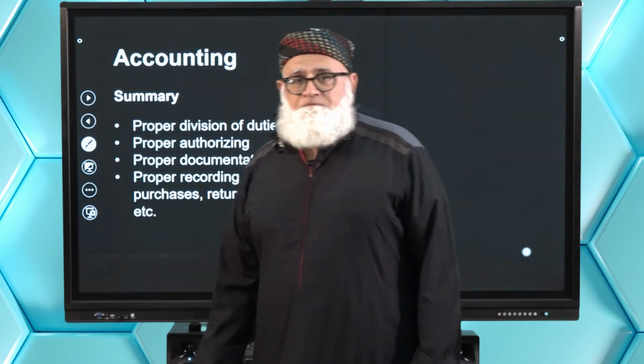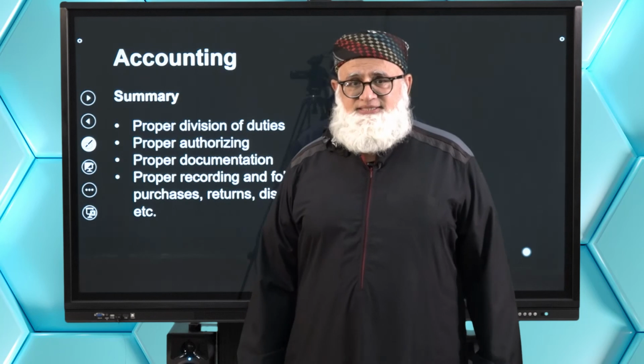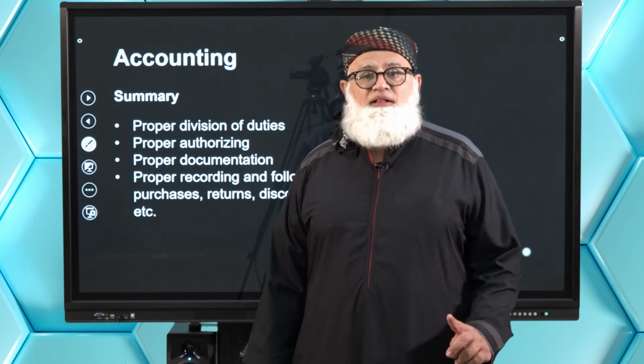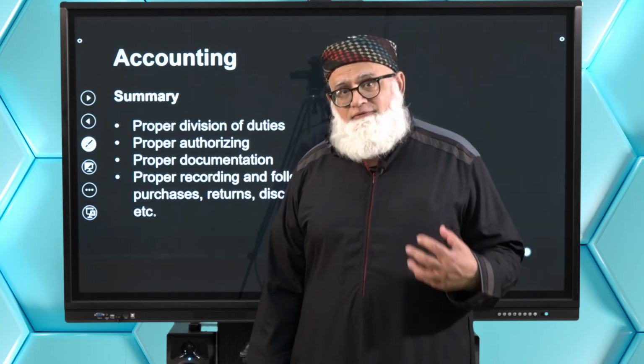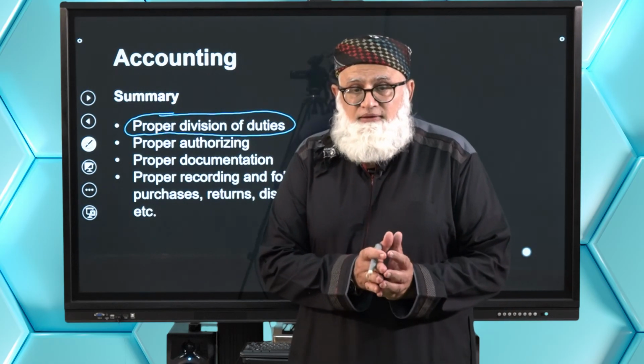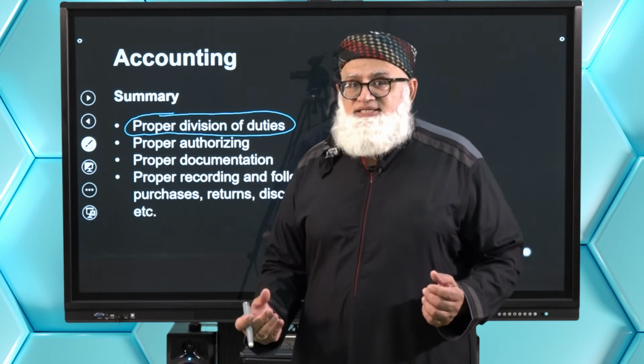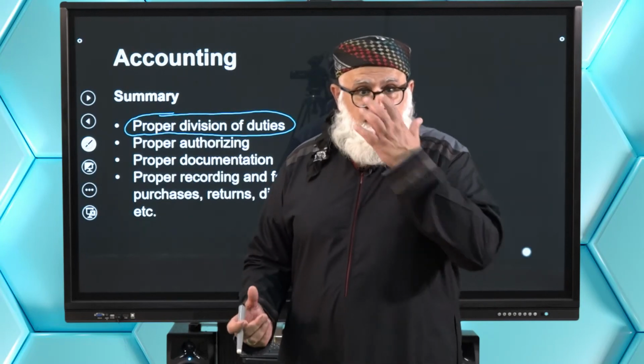Once again, it is important that when we're dealing with debtors, remember debtors are people that owe us money, right? There must be proper division of duties. Meaning, the person who is recording the credit sale, the person who receives the payment from the debtors should be two different people.